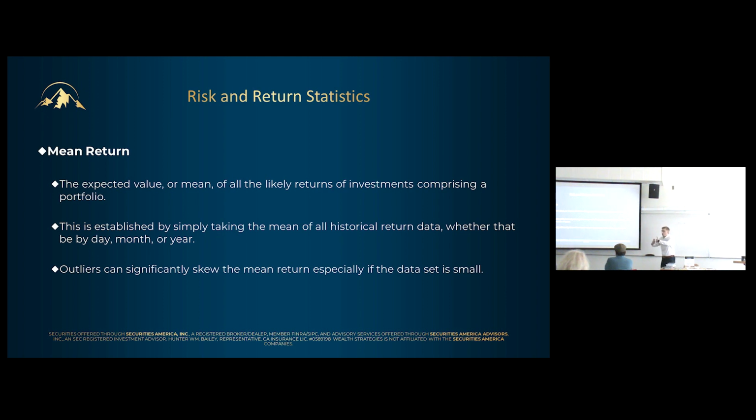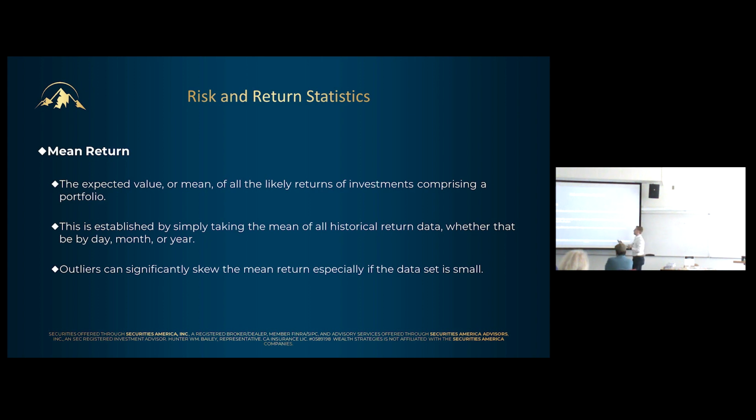It's just taking all the returns that we've seen and calculating a normal average of those. It's very simple. It's just like expected value, the average of all the likely returns of investments comprising the portfolio. So generally what we're doing is looking backwards at all the data, getting that average, and then pushing it forward as what we would expect the return to be.